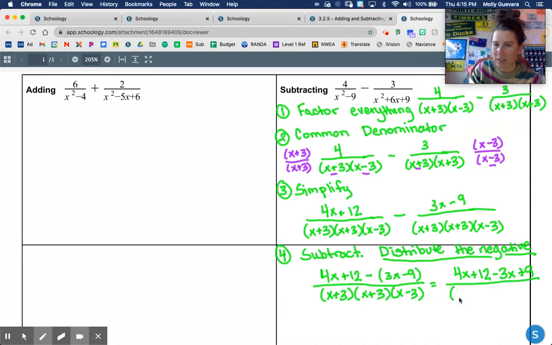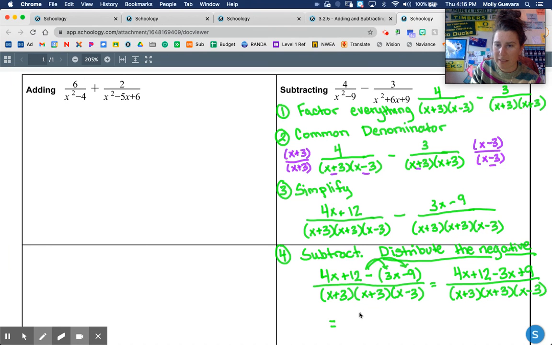You see that? So I distributed the minus sign, and then the bottom's still the same. So you just have to be very careful about whatever your second fraction is that you are distributing this negative in. Okay, so I distributed this negative.